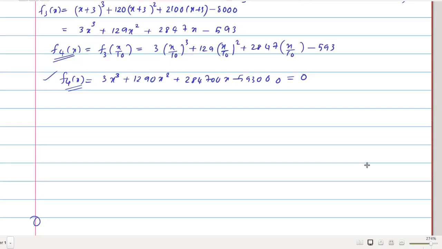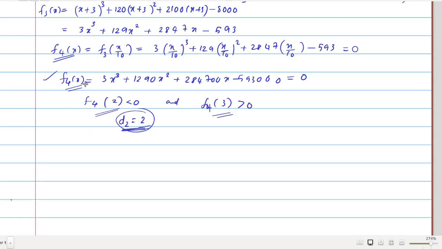You will get this f4 of x after rationalizing the denominator. That will never change the roots of this equation, because this equal to 0 is equivalent to this f4 of x equal to 0. This is obtained by rationalizing this. Now we evaluate the roots of this f4 of x.